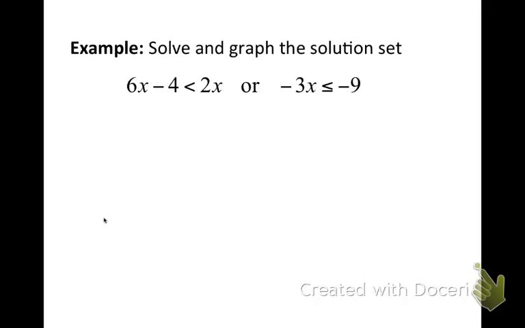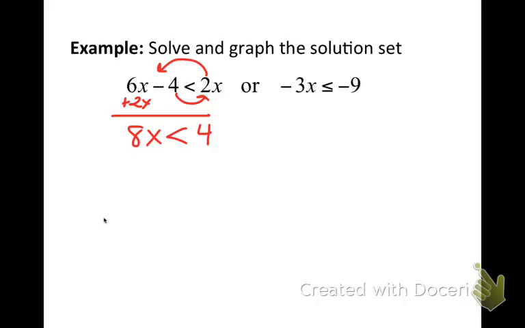So 6x minus 4 is less than 2x, or negative 3x is less than or equal to negative 9. On the left, what would you do first? Kyle, what would you do? Add 4 and subtract. Yeah, that's what I would do too. I would move that 2x over, move that 4 over. So plus 2x gets me 8x less than positive 4.